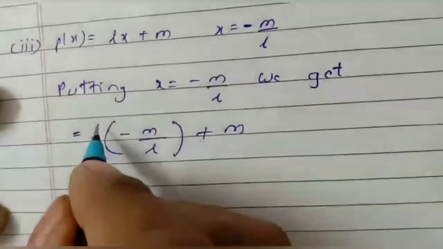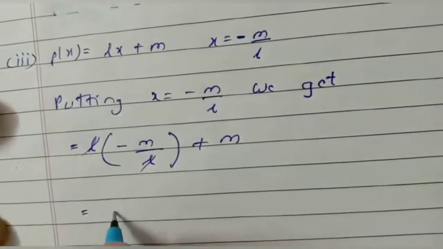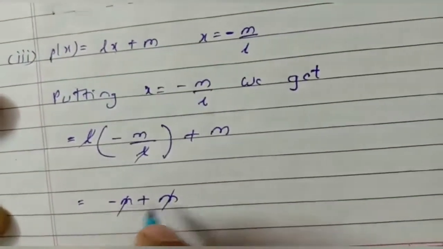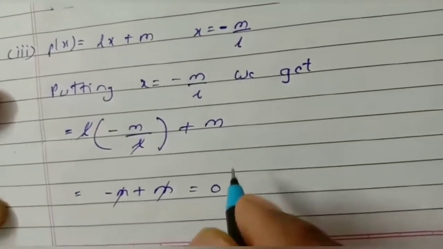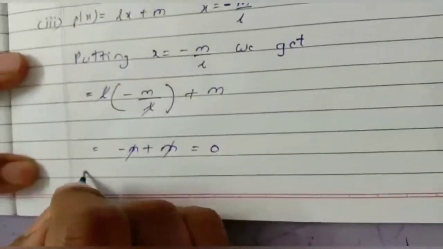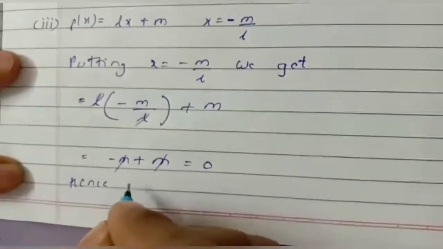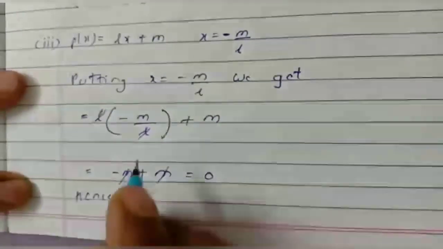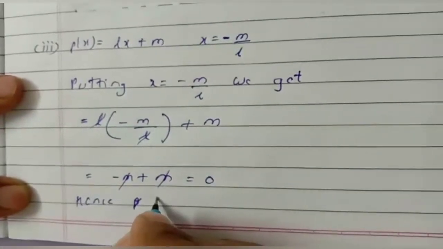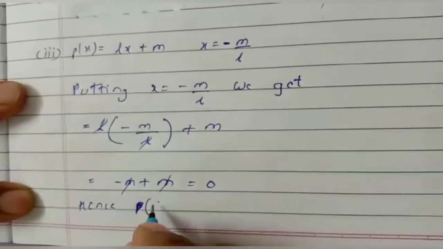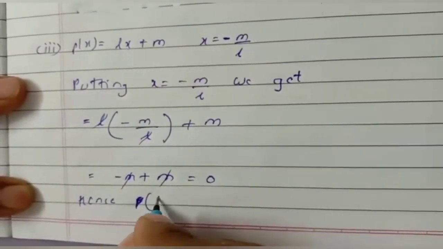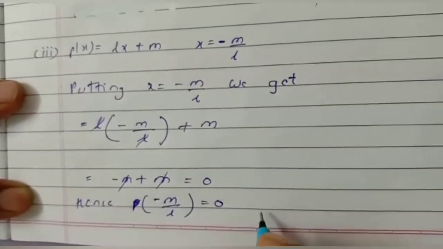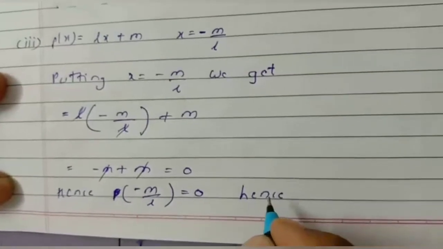So solving this will get cut. So minus m plus m get cut, the answer is 0. So hence here it is x. Hence P of minus m by L equal to 0.